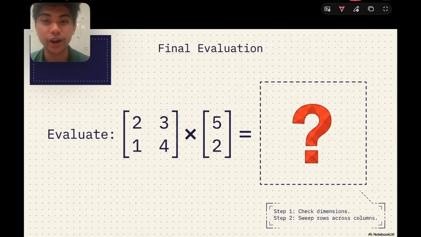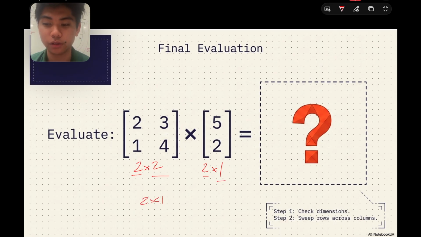All right, so for our exit question, let's evaluate this multiplication of our matrices. We have a 2 by 2 matrix and a 2 by 1 matrix, and we can multiply them. They are compatible because our inner dimensions are the same, 2, and our outer dimensions, 2 and 1, are what our final product dimensions will be. So we're going to have 2 rows and 1 column.